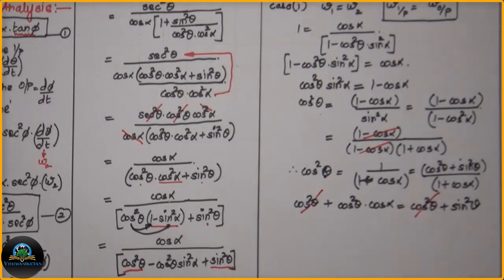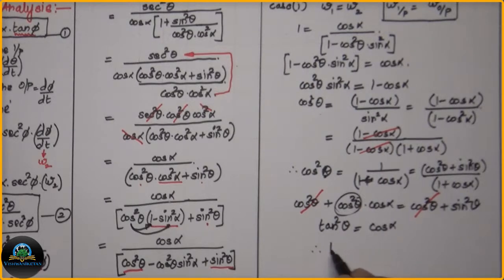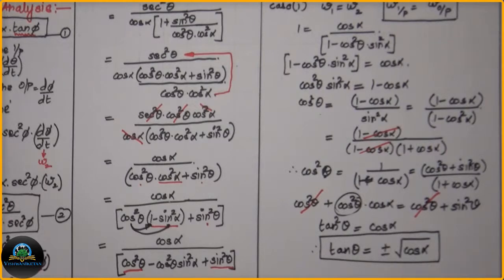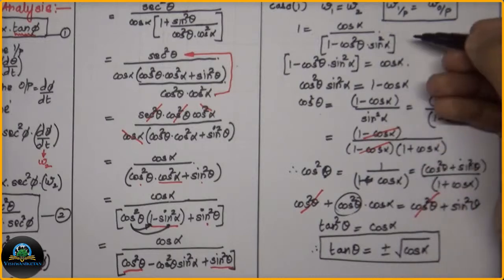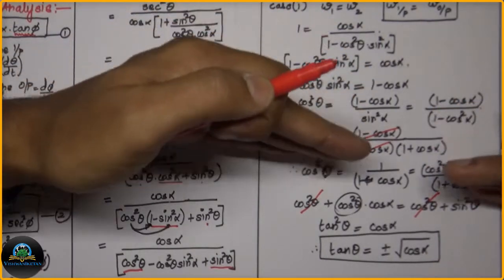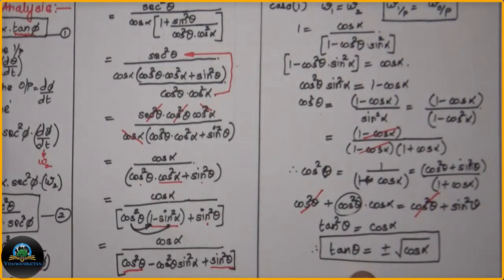So this term gets cancelled. You will be left with tan square theta, because I would shift this cos square theta down, is equal to cos alpha, and I will get a very simple condition that tan theta is plus or minus square root of cos alpha. This is the easier condition, although if you notice all these conditions are exactly the same. So every step equation is actually the same trigonometrically. Instead of this complicated thing, we have adjusted it to a simpler one.